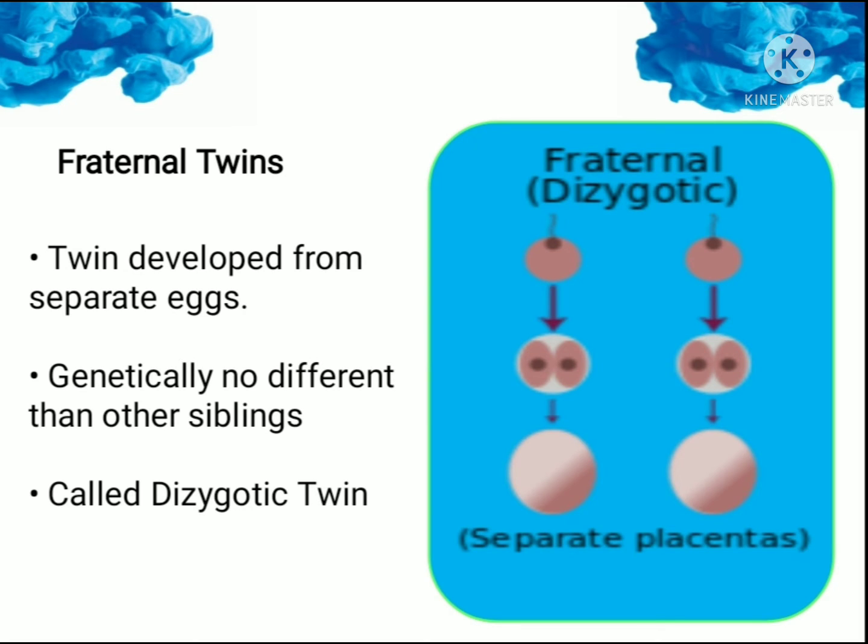Fraternal or dizygotic twins develop from two ova. They share the same parents, but they have different genes and are no more alike than regular siblings. The differences between DZ or dizygotic twins must be due to genetic effects and separate experiences.